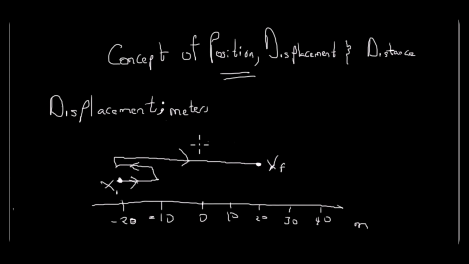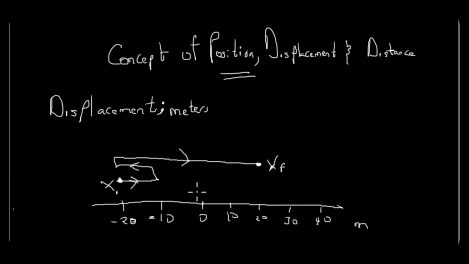That's to tell us that displacement doesn't really care if there is a turning point or not. In as much as we can get the initial position or the starting point and then the final position or the ending point, then we can always calculate for displacement.